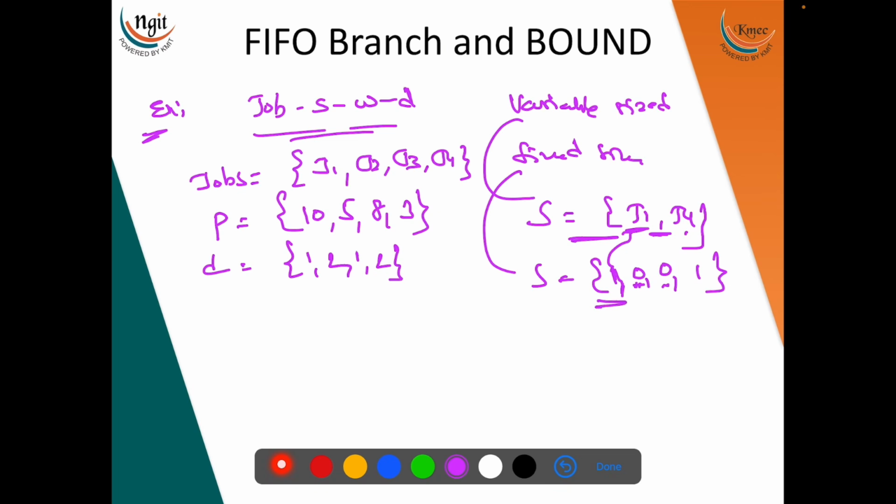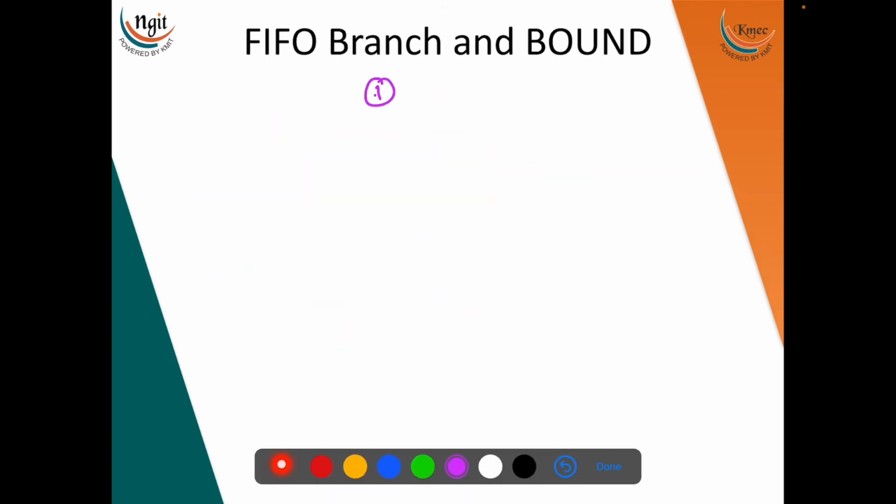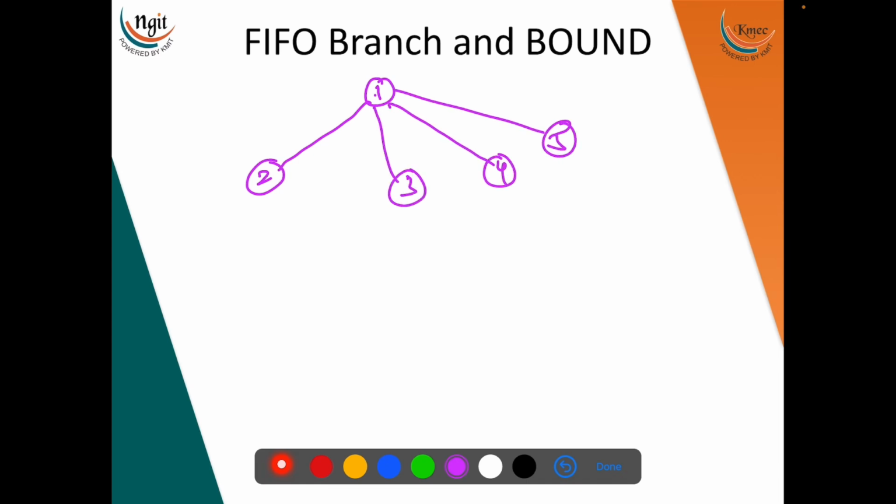Now let's see how to generate the state space tree, or how to explore the nodes in the state space tree. Now I'm going to construct this state space tree, 1, 2, 3 and 4, 5. How many jobs are we given? We are given J1, J2, J3 and J4.